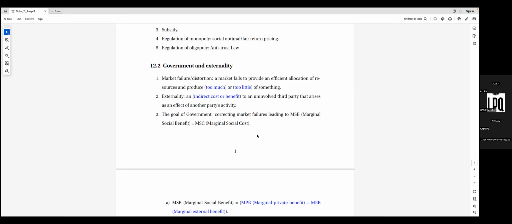These spillover effects, external effects, can be positive or negative.